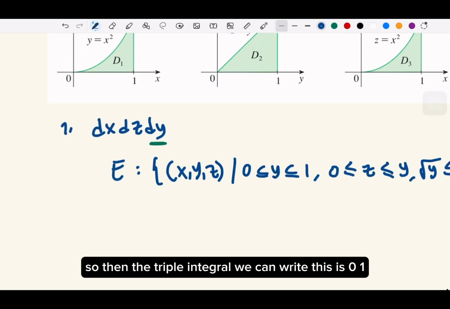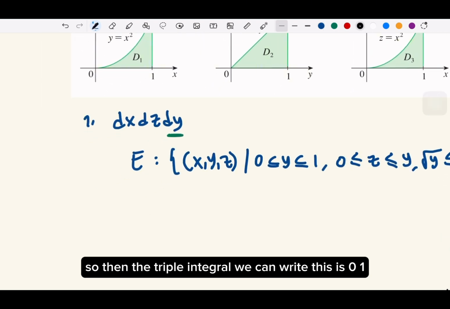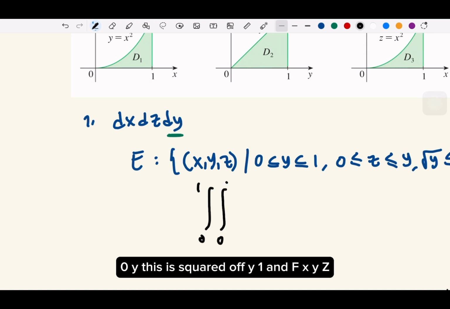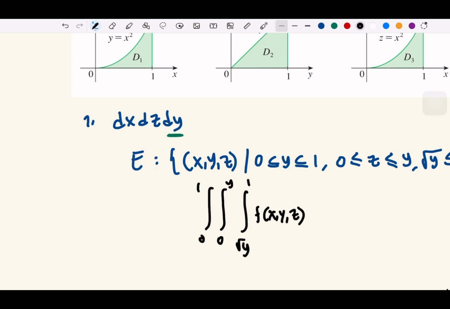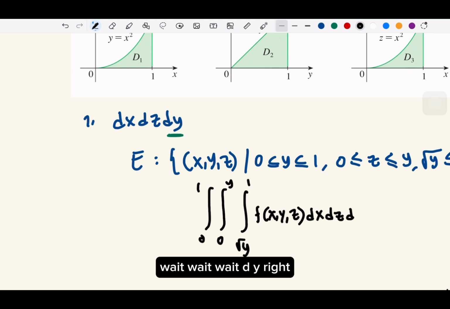So then the triple integral we can write: 0 to 1, 0 to y, square root of y to 1, f(x,y,z) dx dz dy, right?